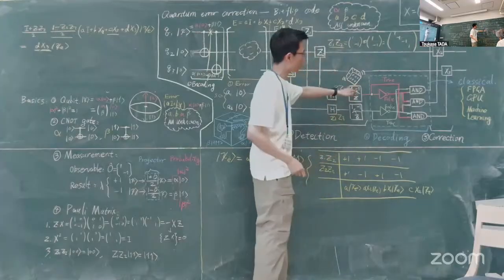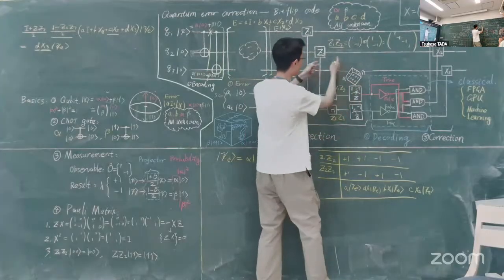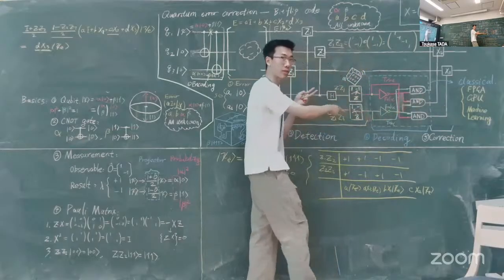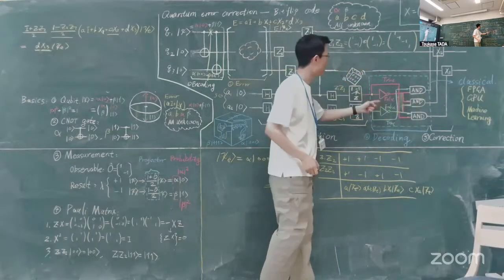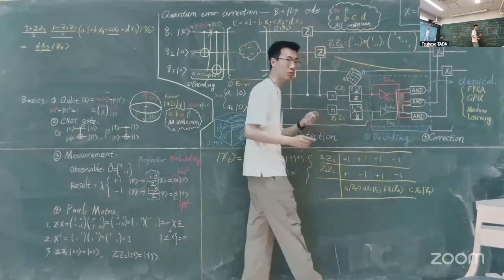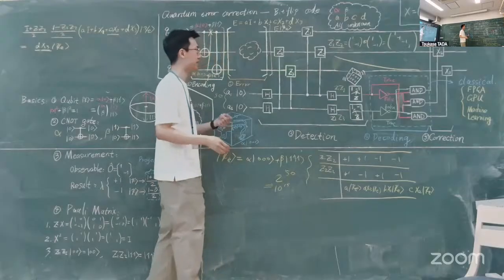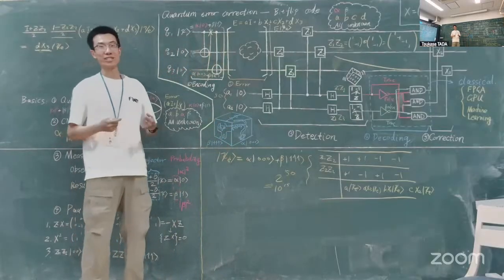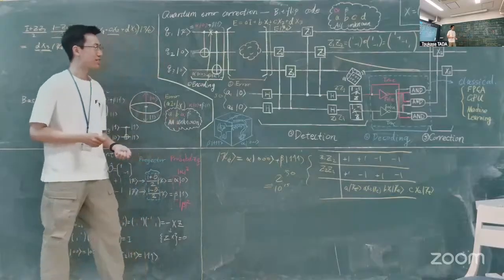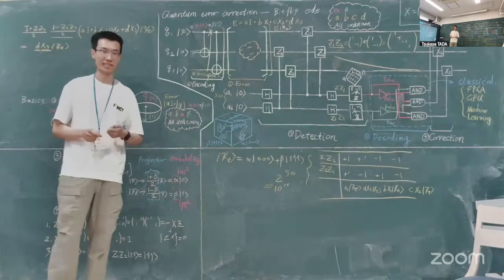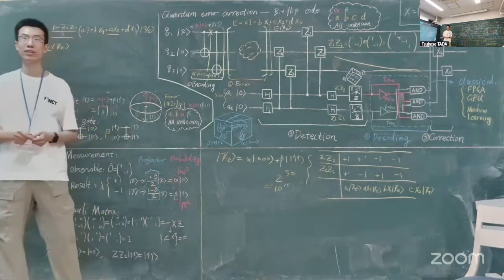We need to keep this fast because the quantum states have to wait for the classical computation of this circuit. So the quantum state will disappear during the process. We have to make it as fast as possible such that the error rate is controlled. So there are many unsolved problems in quantum error correction, and I hope you can derive some message in my talk. Thank you.